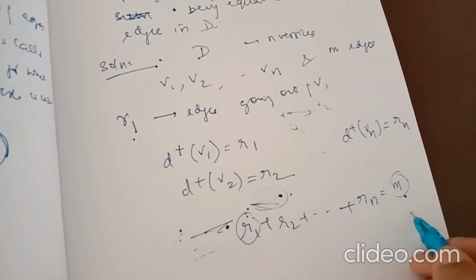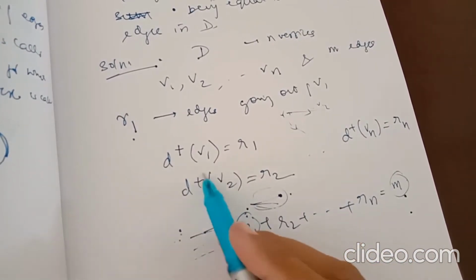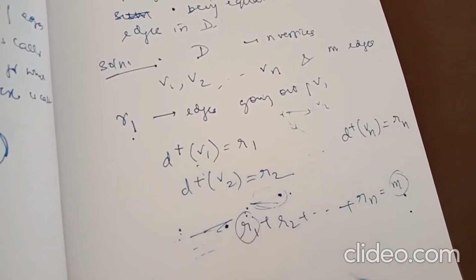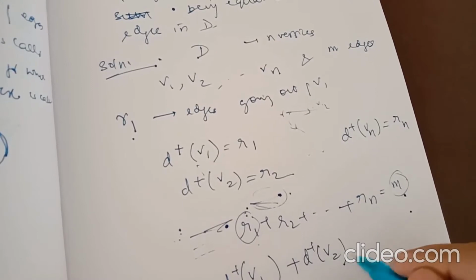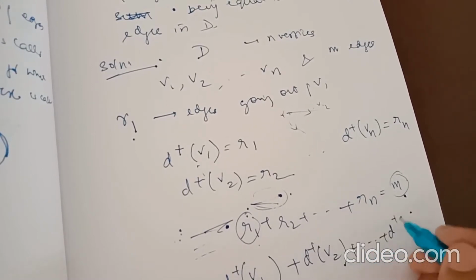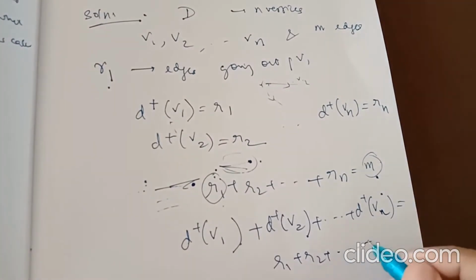Since d plus of v1 is R1, we can resubstitute: the sum of out degrees of all the vertices is equal to R1 plus R2 plus up to Rn, which is nothing but m.